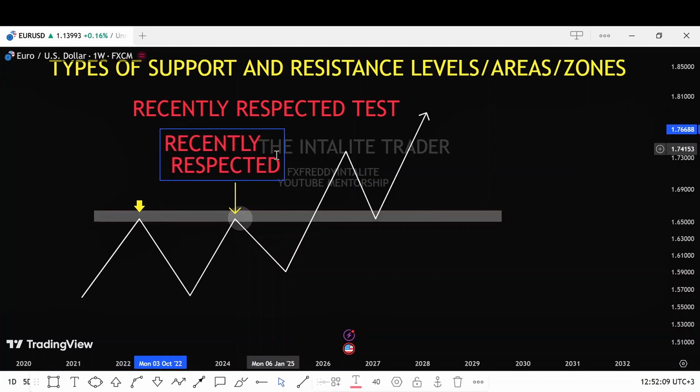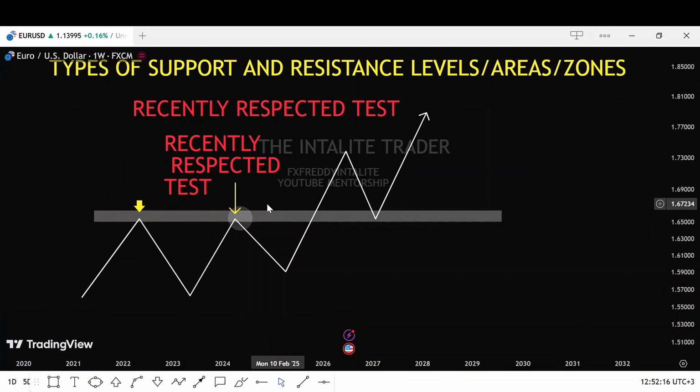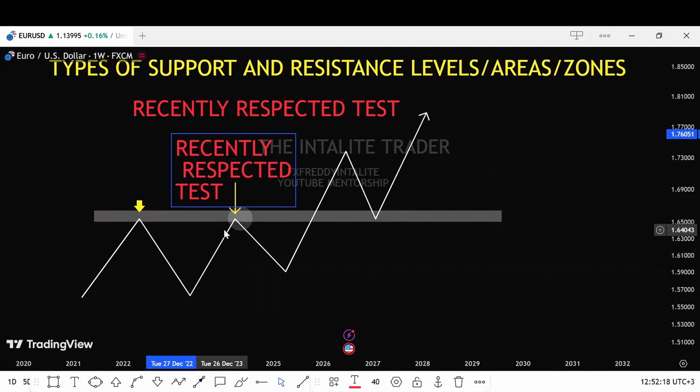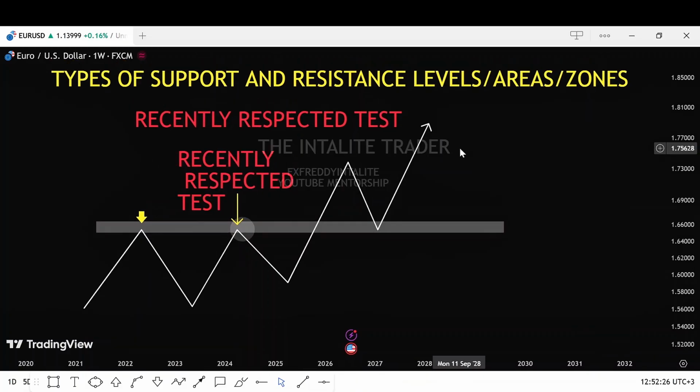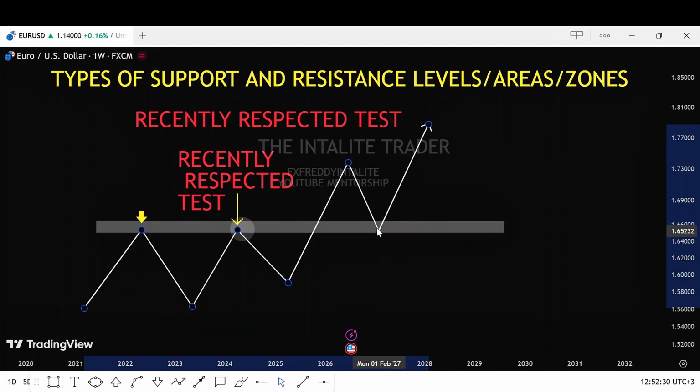This one. Recently respected test. So price recently respected it at this point. Then price broke above. Because price recently respected this level, so we are expecting that because the level was recently respected on the left here, the same thing is likely to happen.